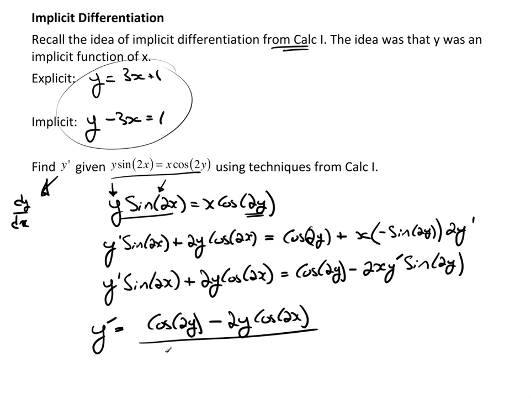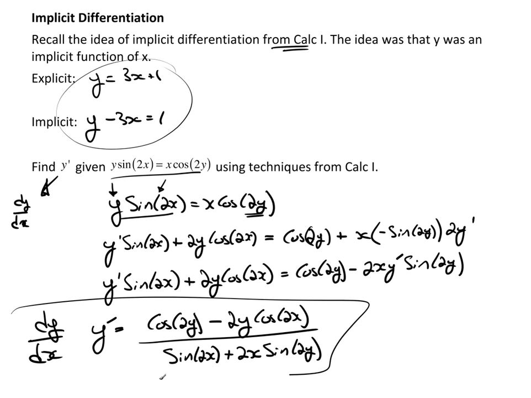I will end up with sine of 2x plus 2x sine 2y. So this is dy dx. Now that's done the way we would have always done it back in Calc 1.